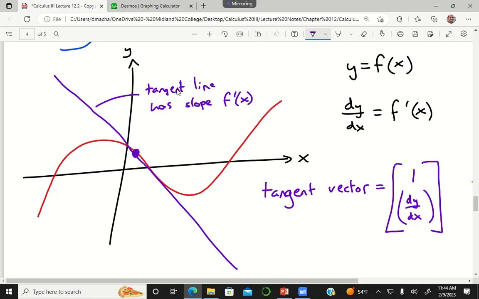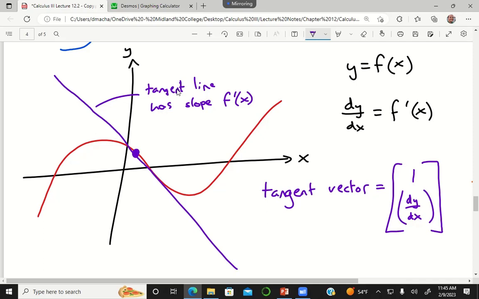Well, in this tangent vector, you can think of the rise as being dy/dx, and the run, the change in the x direction, as just being 1, the unit, right? So if I gave you a regular plane curve where y is a function of x and asked for a tangent vector, you just set x equal to 1 and the y component equal to dy/dx. And that would give you a tangent vector.